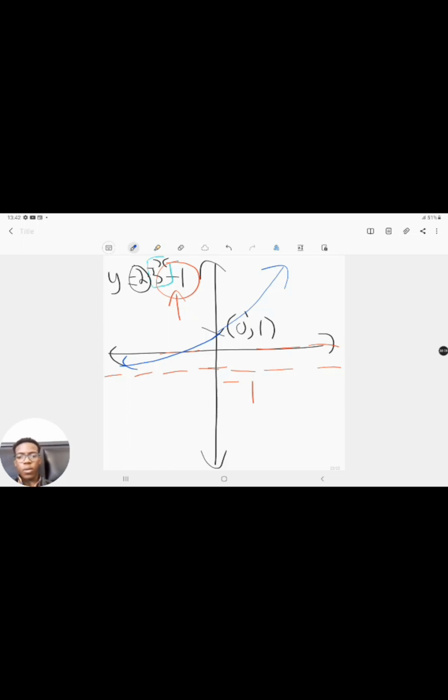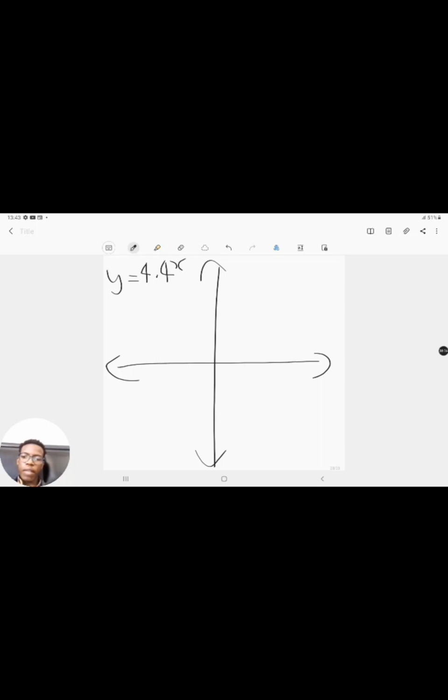Okay, so let's do another quick one. Say you've got y is equal to -4 times 4 to the power of x minus 6.